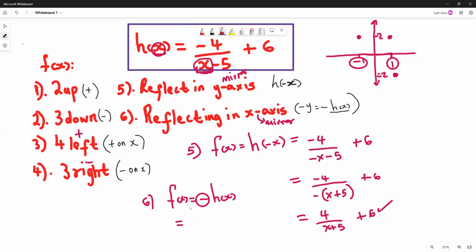It means that each term on the original function, you're going to multiply by a negative. So negative and negative will give you a positive, right? Then the bottom, we have x minus 5. Then negative and positive will give you a minus. There you have that. Then that's your reflection in the x-axis. And that's it about the reflection of the hyperbola, ladies and gentlemen.